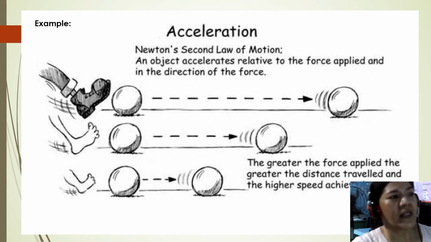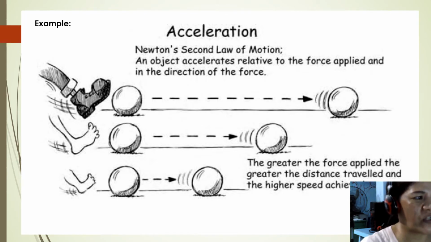Now, let us proceed to the example of acceleration. Try to look at this illustration. An object accelerates relative to the force applied and in the direction of the force. As you can see in the first illustration, the greater force applied has greater acceleration. And next, lesser force applied, then of course, lesser acceleration.